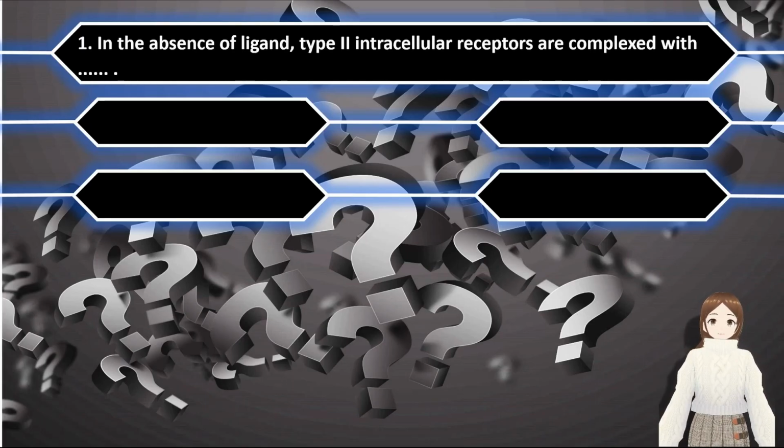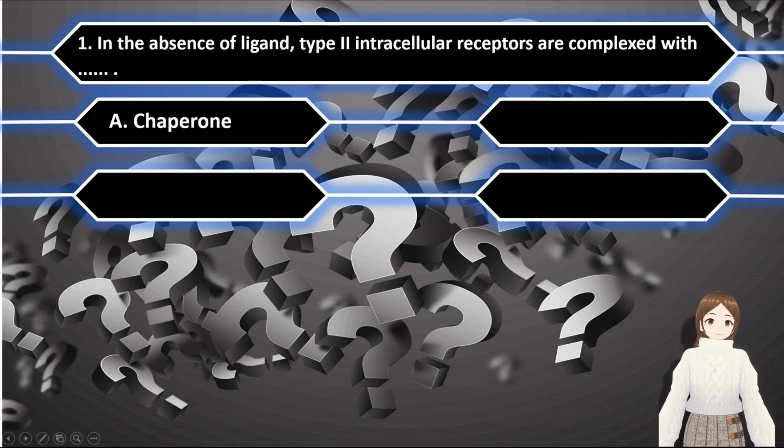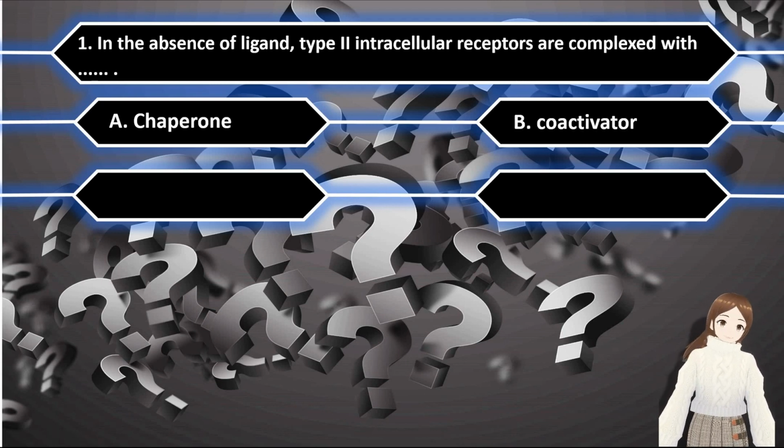Question number 1. In the absence of ligand, type 2 intracellular receptors are complexed with A. Chaperone, B. coactivator, C. HRE, and D. corepressor.